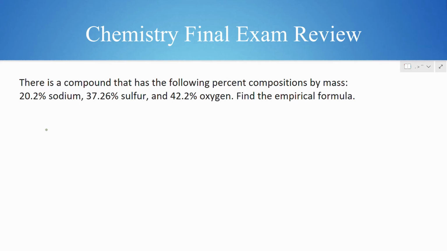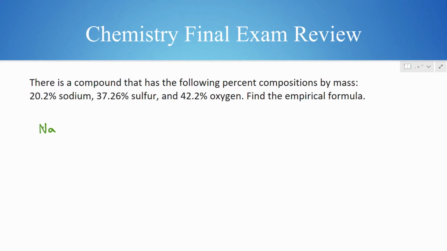So we have sodium, we have sulfur, and we have oxygen. Now what I'm going to do is put the percent number over the atomic mass for that element. So for sodium, there is 20.2%, and I'm going to put that over its atomic mass of 23. Same thing for sulfur, so percent without the percent sign over its atomic mass, which is 32.06.